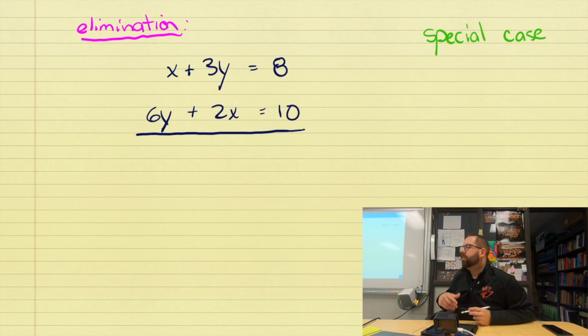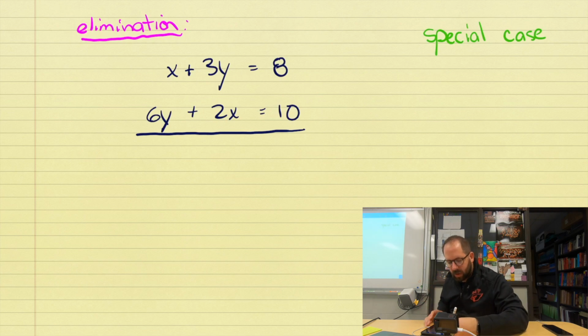All right, so what method should we use on this problem? I wrote it up above. What method are we using? Elimination. The reason is that they don't have a letter by itself. Now you could rearrange this and make it a substitution problem, but we don't have to. For the elimination method, we want to stack them.